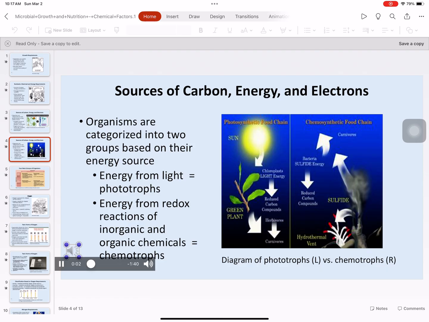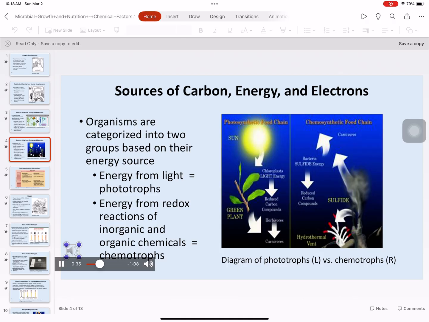We can further group organisms into categories based on their energy source. So looking at the left-hand side of our figure, we have organisms such as green plants and certain bacteria like cyanobacteria, which get their energy from light. So they are phototrophs, light feeding.